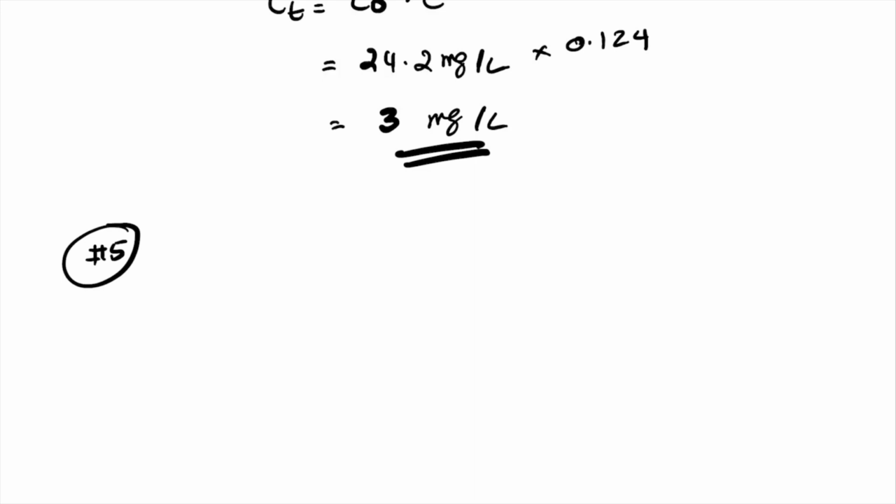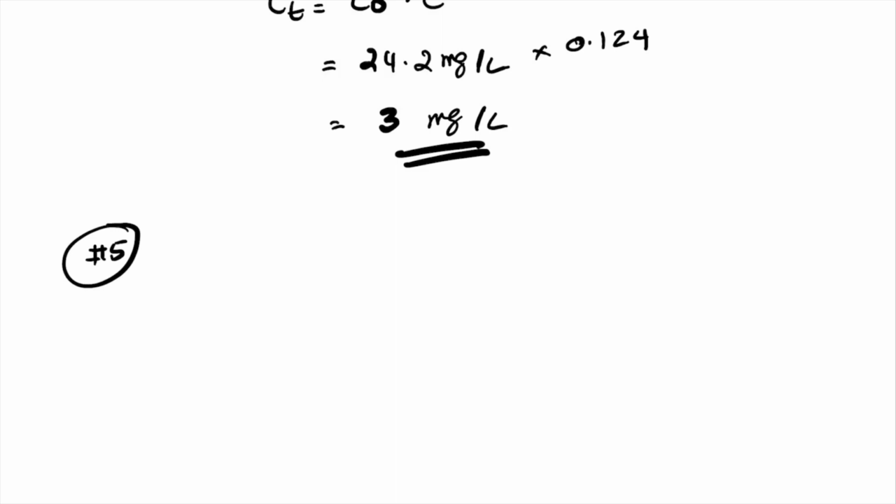Given that the dose is equal to 100 milligrams, KEL is 0.1 per hour, and V is 8 liters. Assume one compartment model. Calculate how long the clinical effect is expected to last with this dose.